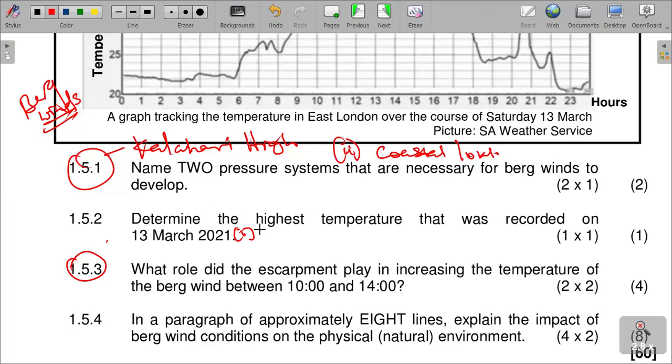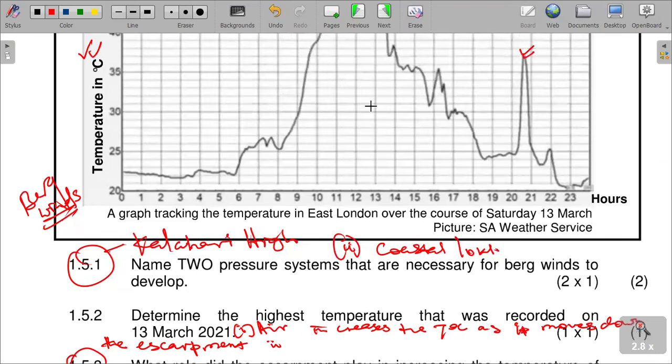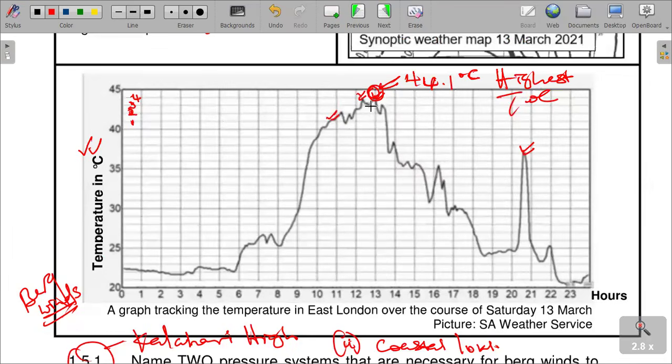Air increases the temperature as it moves down the escarpment. That is one thing, because if you read there from 10 o'clock to 2 o'clock, you can actually see that the temperature went up.